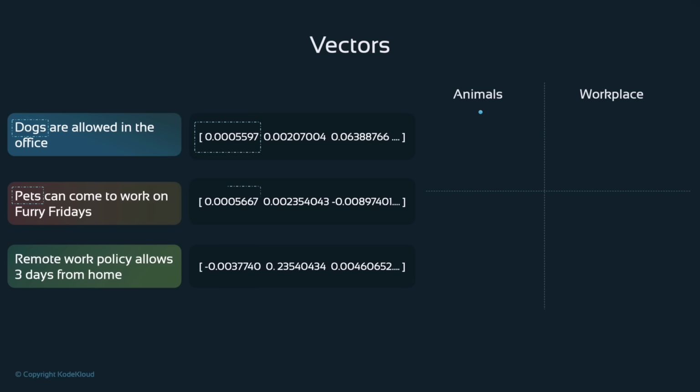And pets also fall into the same category. However, remote does not go there. Similarly, office falls into the workplace area, so our first sentence moves closer into the workplace section. And so does the second sentence because it is also related to work. And the same applies to the last sentence as that's also related to the workplace.